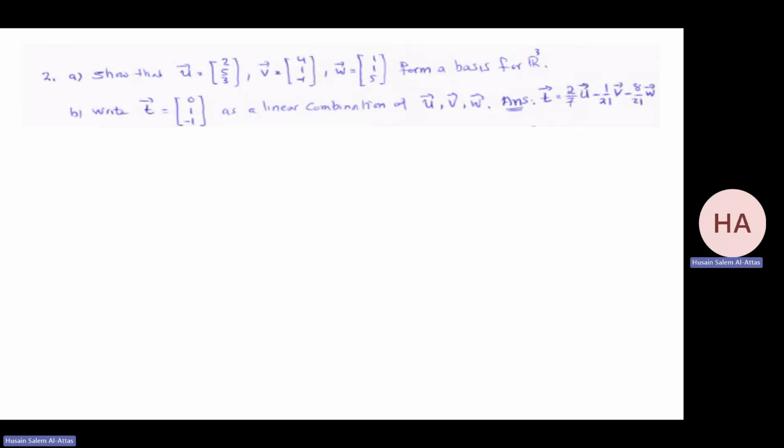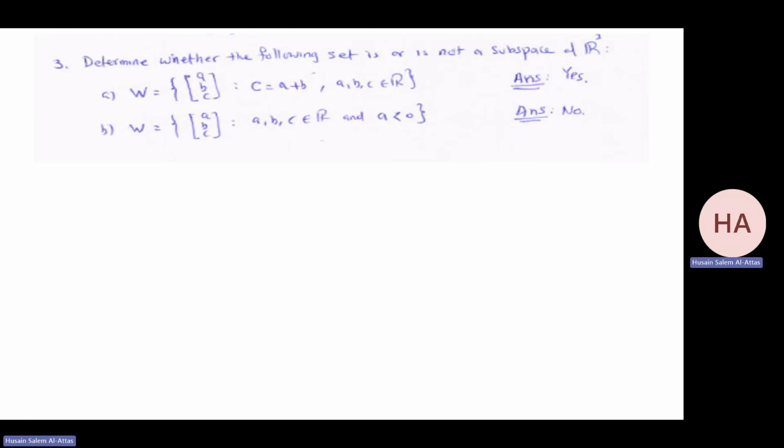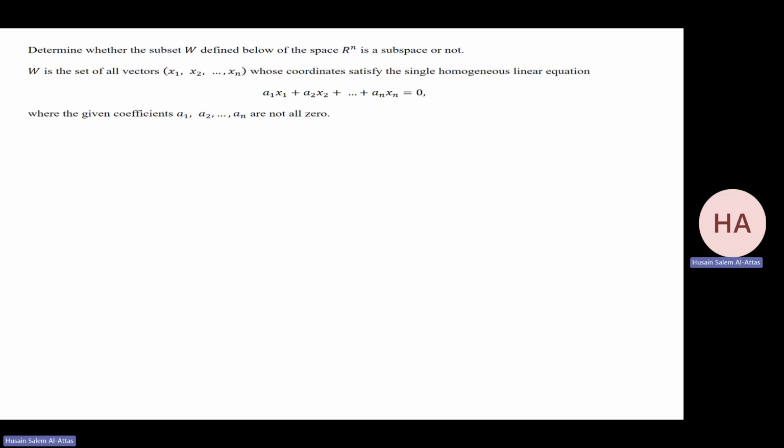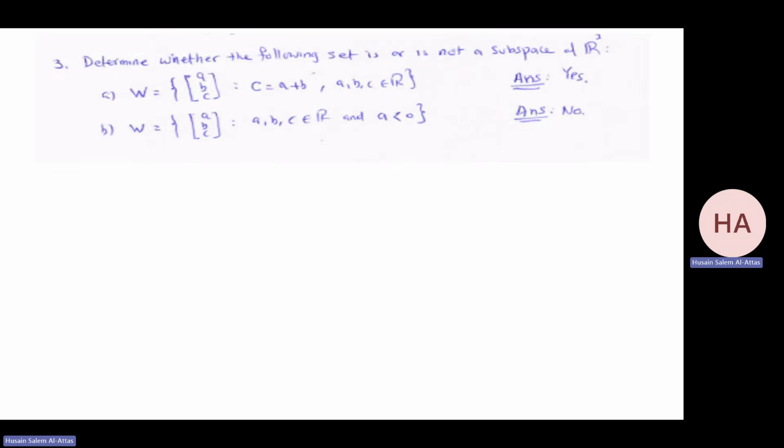Actually, what happens in R3 can be extended to R4. I'll do these two questions later because they are related to the first part, which we did before. Now let me concentrate on the subspace questions.